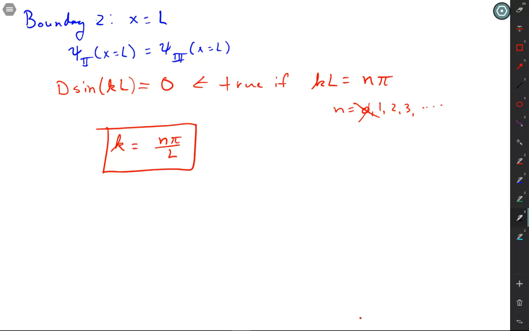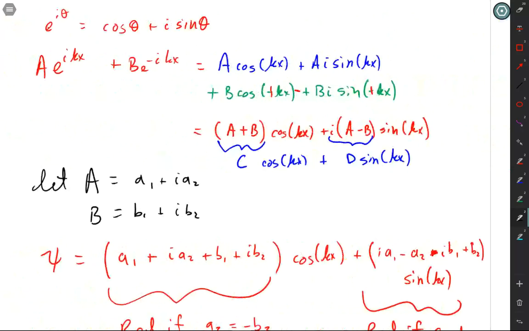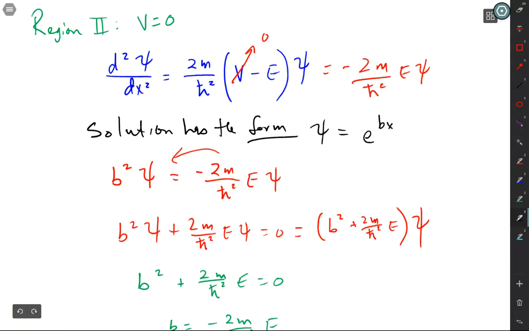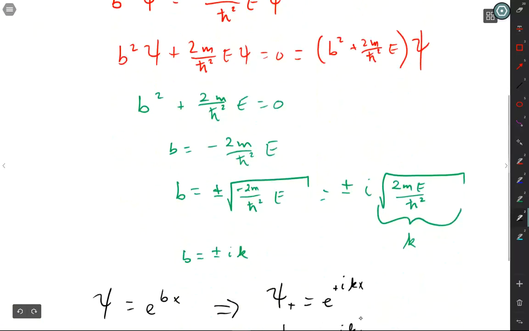The book says what? Energy. According to the book, that's energy. That's right, because we define, to make our lives easy, that k is the square root of 2m E over h bar squared.